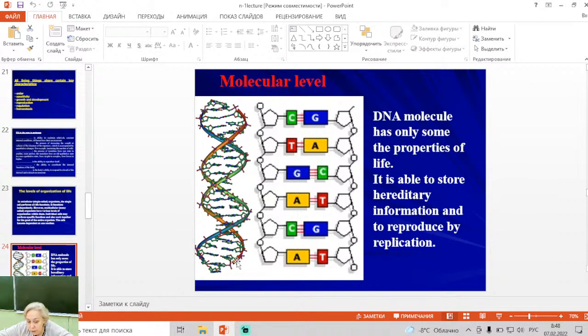You must remember that a DNA molecule consists of two chains, and each chain consists of nucleotides. Each nucleotide includes three parts: phosphate group, sugar deoxyribose, and nitrogenous base. But the structure of the DNA molecule we will study in the next lecture.